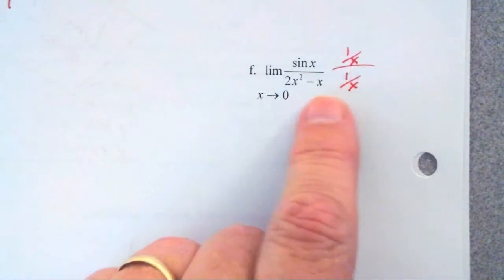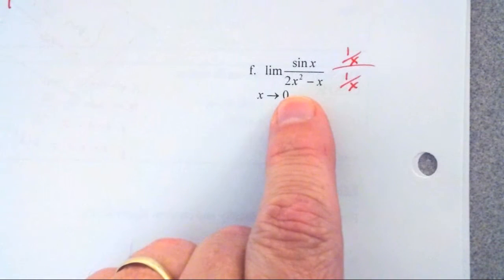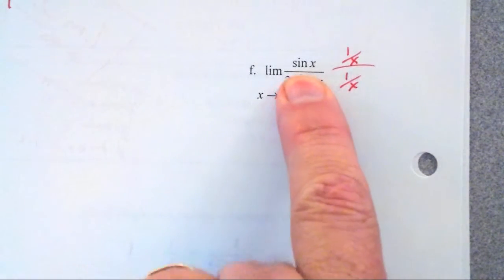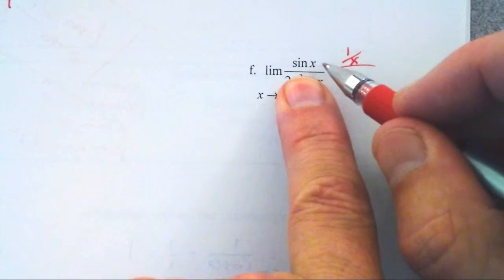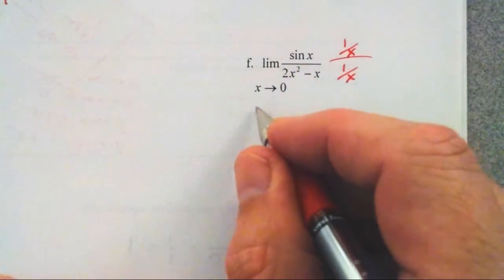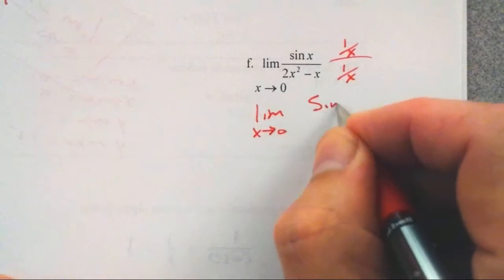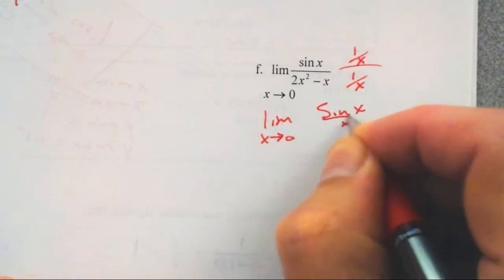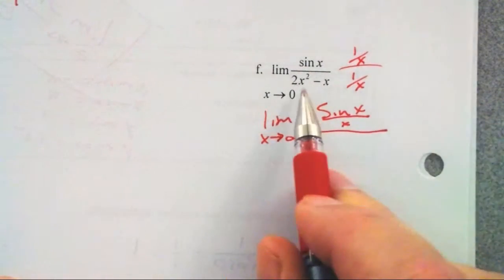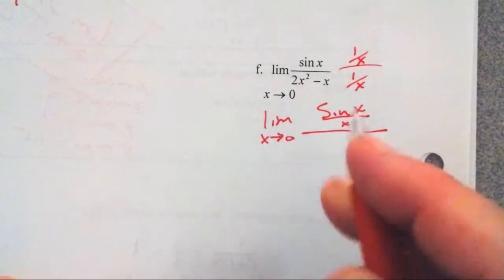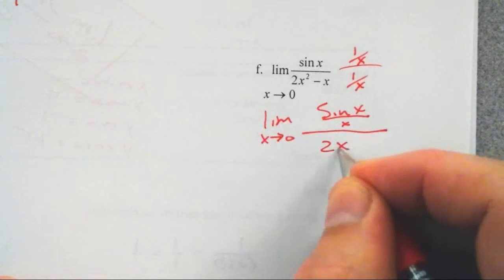I could have factored out an x out of the denominator. But I wanted to emphasize, I don't care about the denominator. I just want this to be on x. So I get limit as x approaches 0 of sine of x on x, love it, over, I'd put this on x, except when I multiply 1 on x times this, I get 2x minus 1.